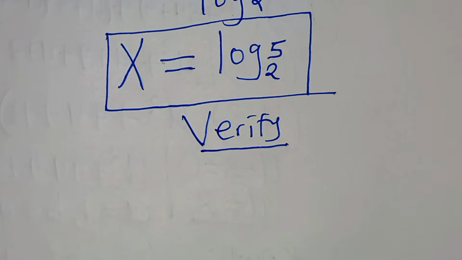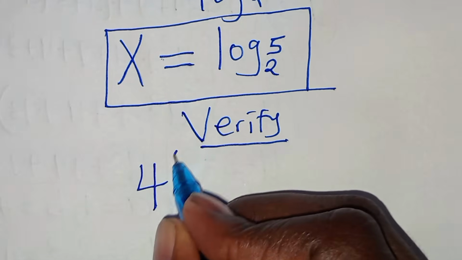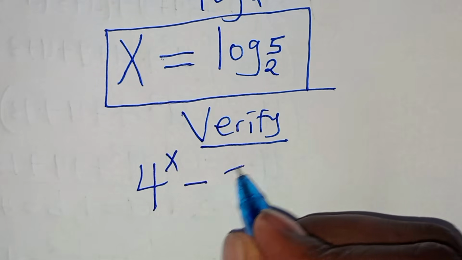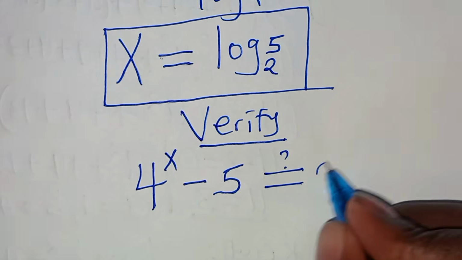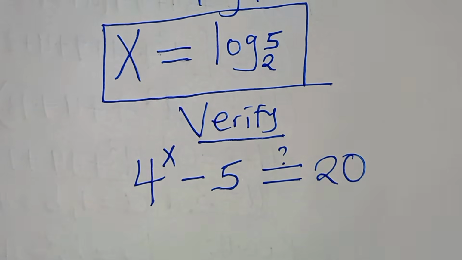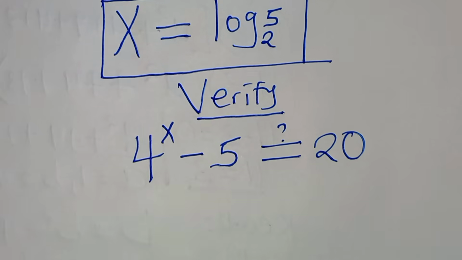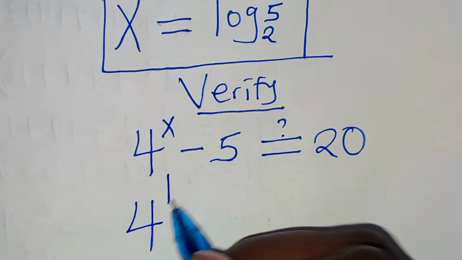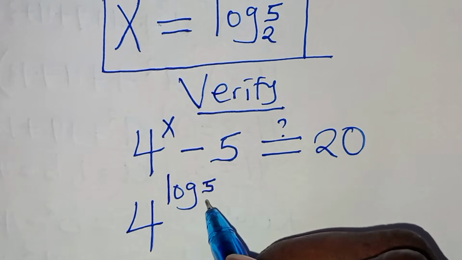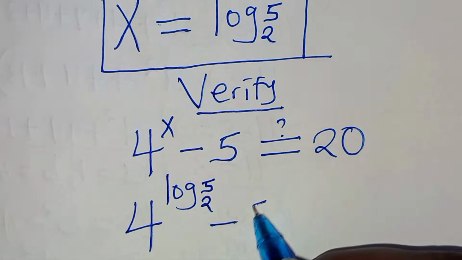Now, if you recall, we had that 4 to the power of x, subtract 5, is supposed to give us a value of 20. Now, let's substitute the value of x from here. So we have 4 raised to the power of log 5 to base 2, subtract 5.